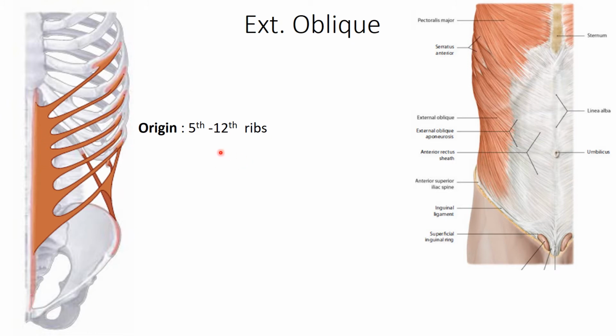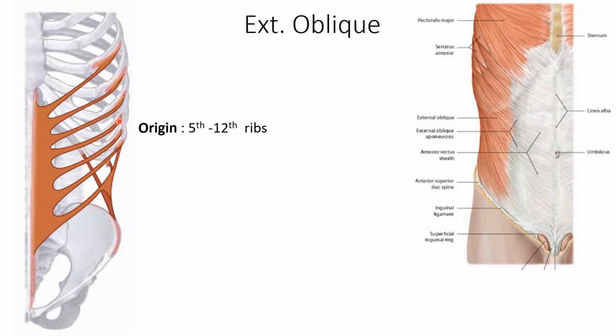From the 12th rib it originates near the tip, and these fibers interdigitate. The upper fibers interdigitate with the origin of the serratus anterior, and the lower fibers interdigitate with the origin of the latissimus dorsi.